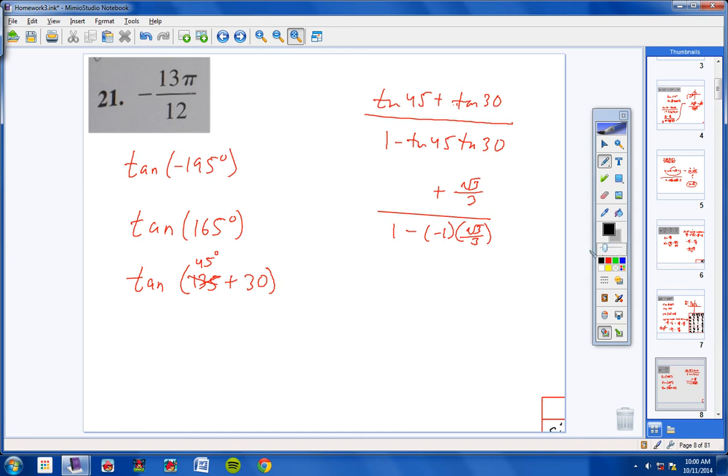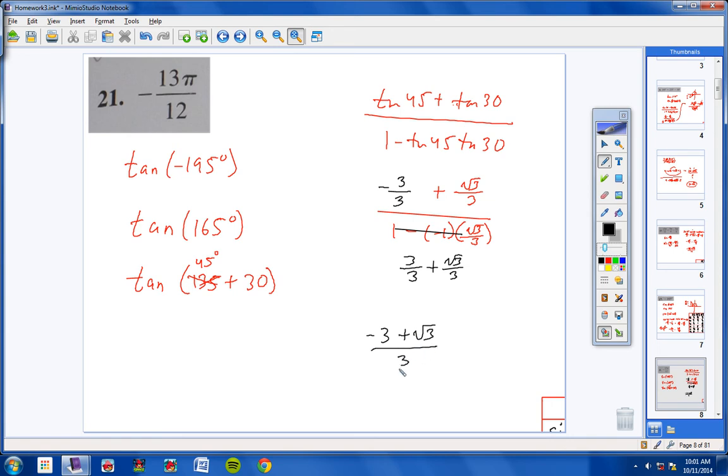All right. So negative 3 over 3. And down here, let's see, we have a negative times a negative is a positive times a positive is positive. So we really have 1 plus square root of 3 over 3. So I'm going to call that 3 over 3 for this right here. So 3 over 3. Okay, so here we go. We have negative 3 plus square root of 3 all over 3.